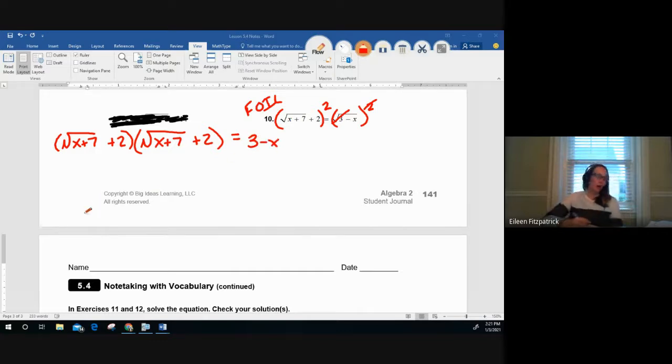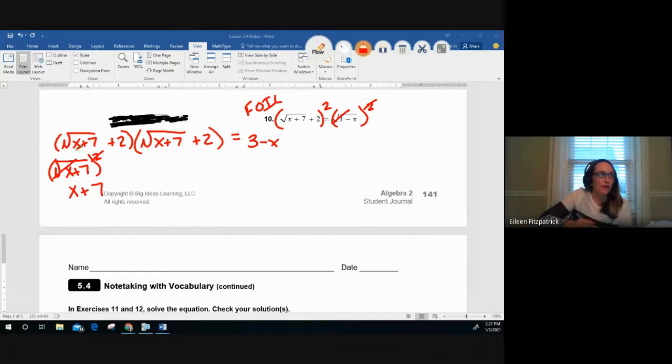All right, so over on the other side, when you FOIL, the square root of x plus 7 times the square root of x plus 7, well, that's the same thing as writing the square root of x plus 7 squared, right? Which then the square root and the squares cancel. So when you FOIL and multiply the first two terms, you're just left with an x plus 7.